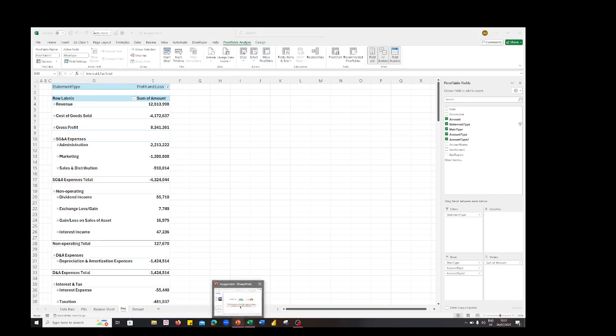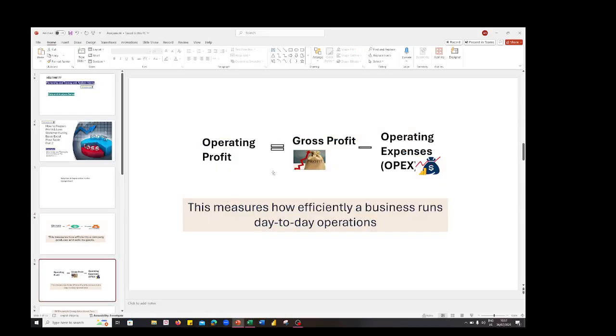So what is operating profit? Operating profit is gross profit minus operating expenses. Your operating expenses are the day-to-day expenses, OPEX, like your selling expenses, your general expenses, administrative expenses. All these are your operating expenses.